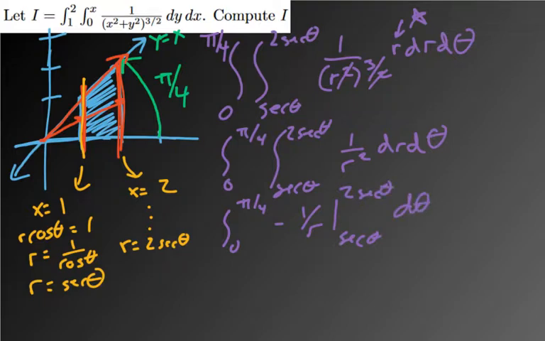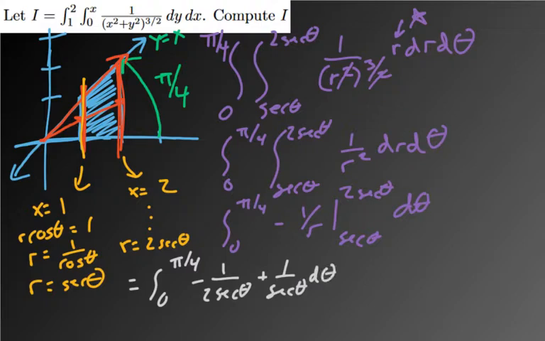And if you plug those in, I'm going to switch this for a second. Once I plug those in, now my theta integral would be -1 over 2 secant theta plus 1 over secant theta, d theta. And if you've got secants on the bottom, you could convert that back to cosines.